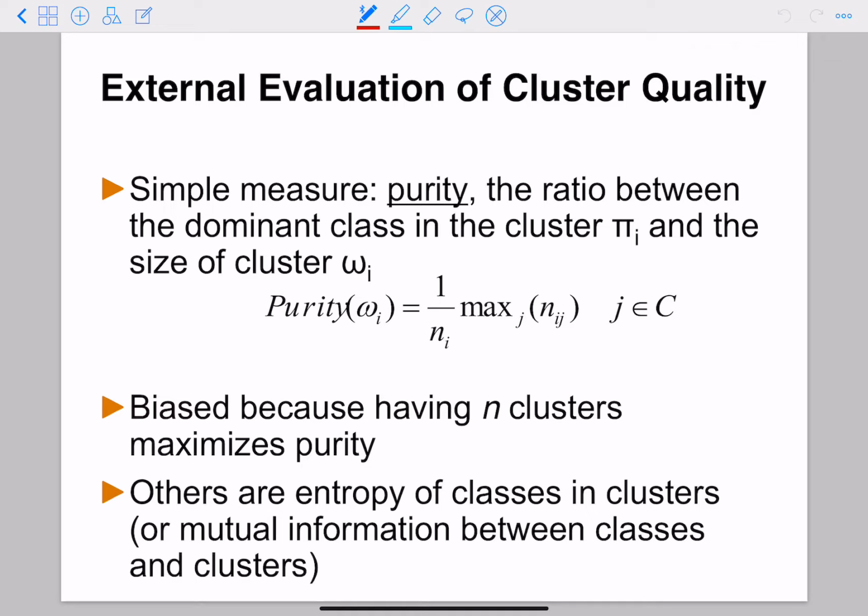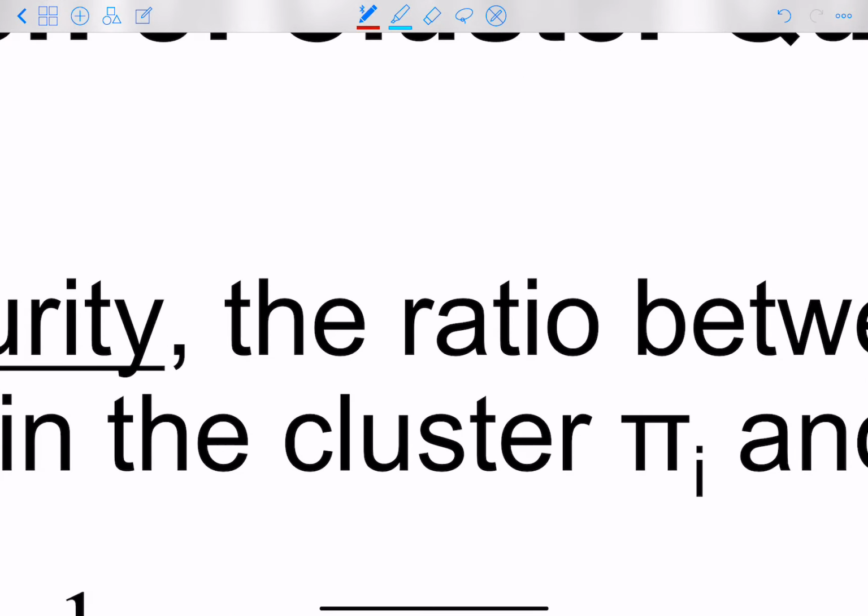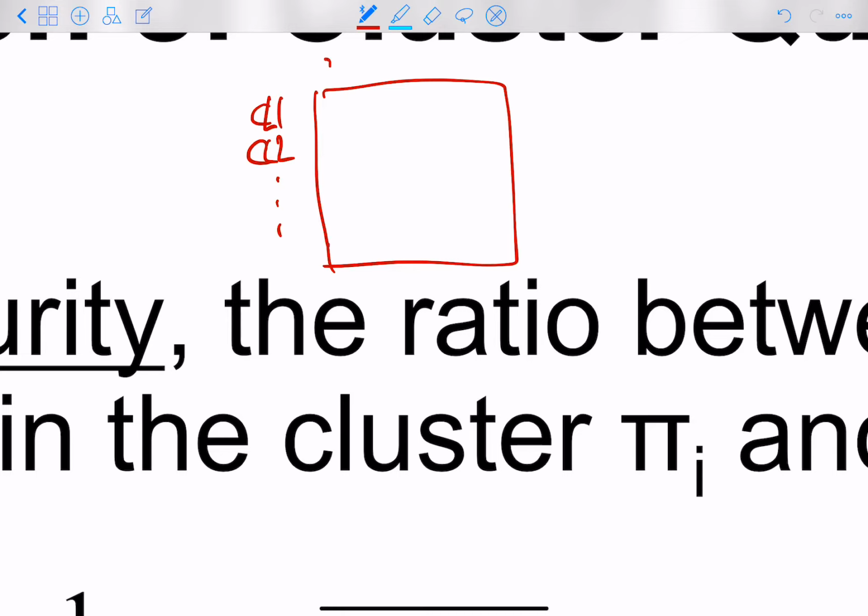And another measure is called the purity. It is kind of similar, but it is simply defined as this. We can think of the confusion matrix: cluster 1, cluster 2, and so on, ground truth 1 up to maybe ground truth 10, for example, and maybe cluster 7.